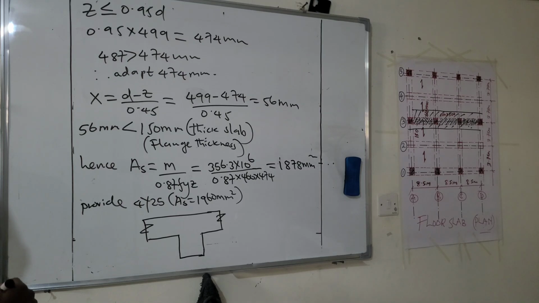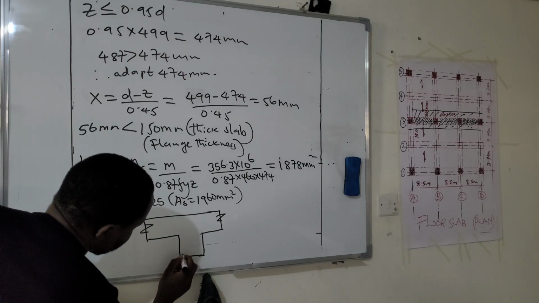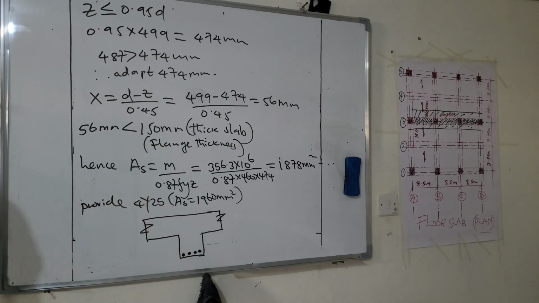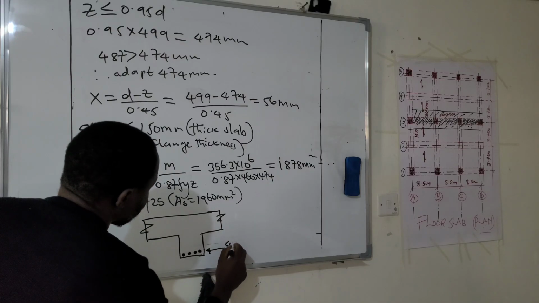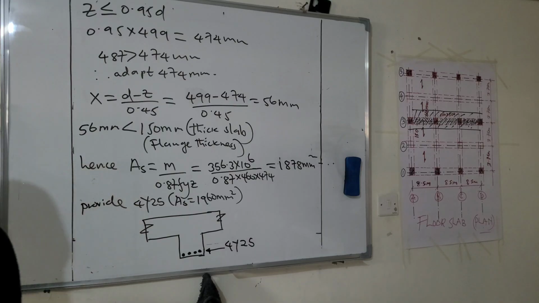So provide 4Y25. Here the steel bars will be at the bottom, 1, 2, 3, 4, like that. So this is 4Y25.